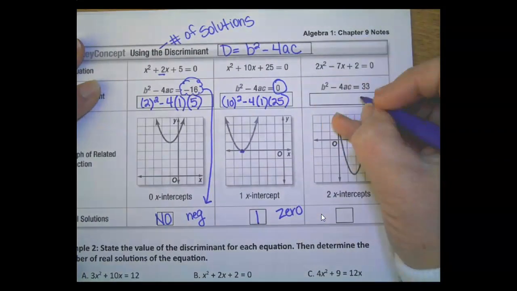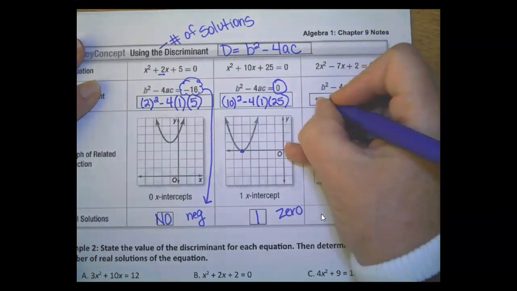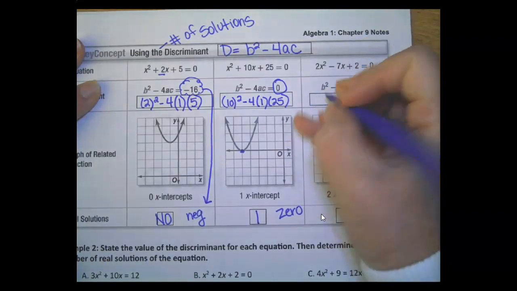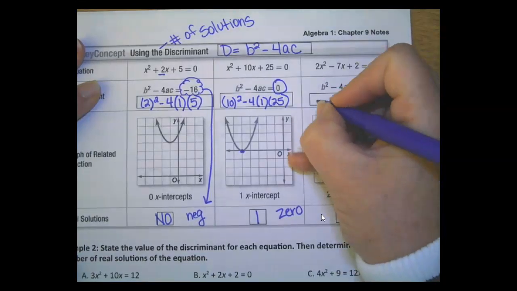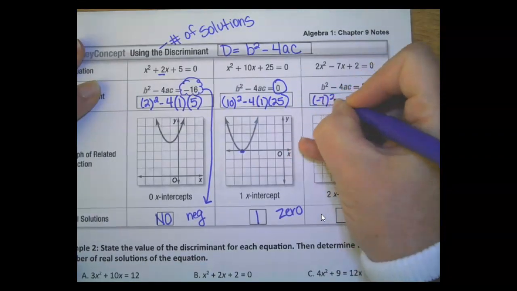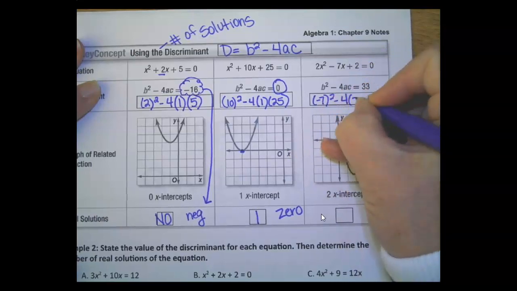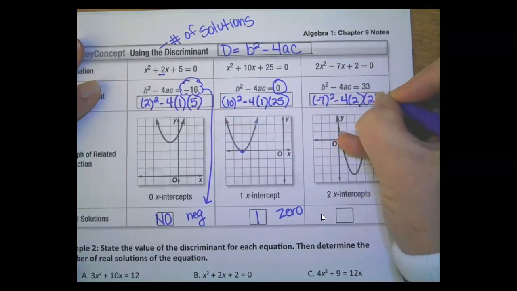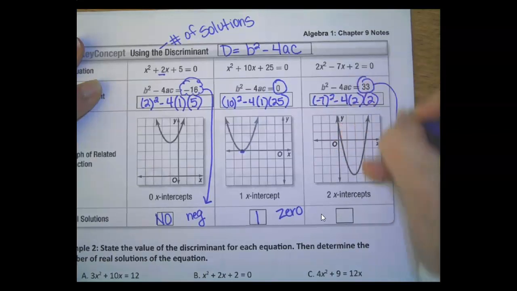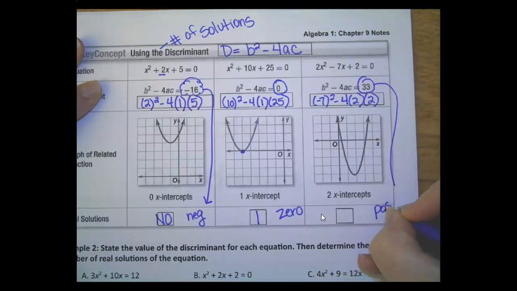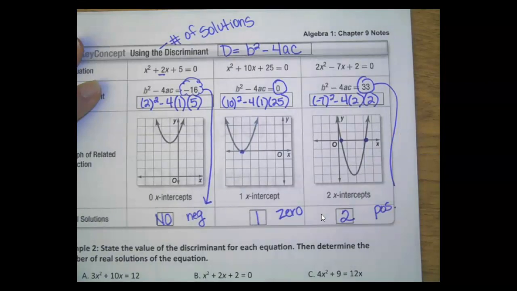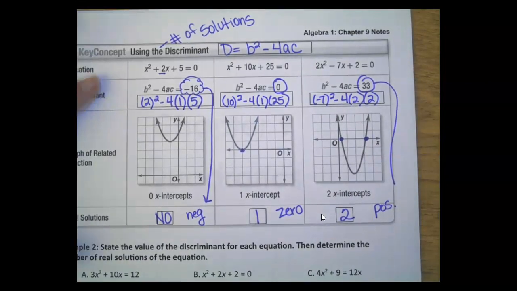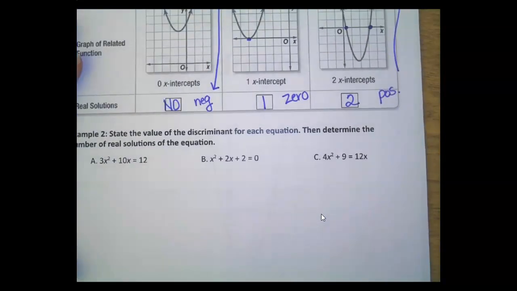If I solve this, b squared, so that's a negative 7 squared minus 4 times 2 times 2, I get a positive number, then I'll have 2 solutions, here and here. Okay. So let's see the discriminants on these.